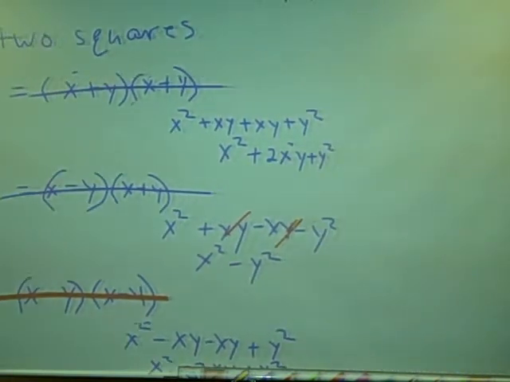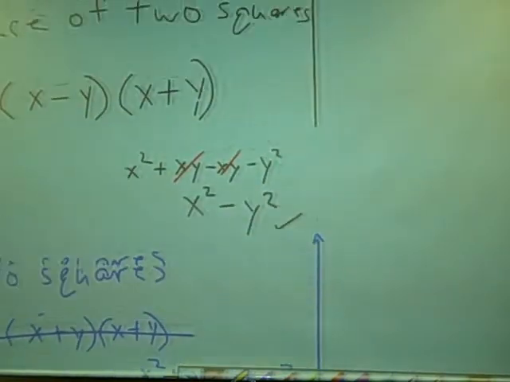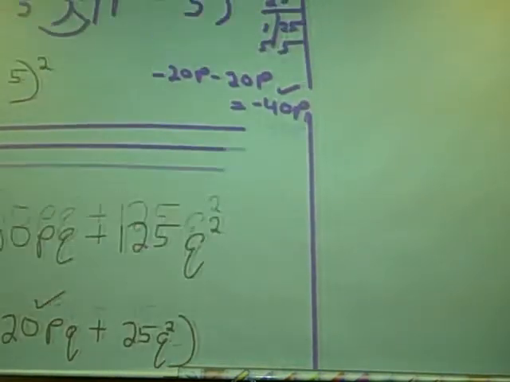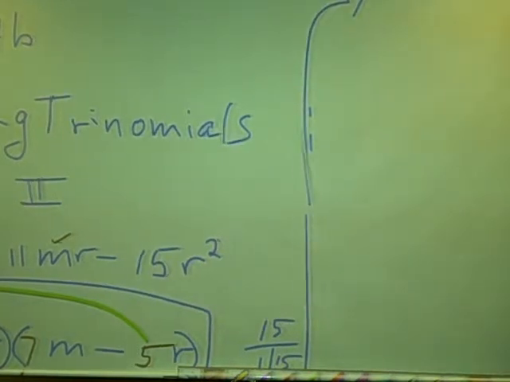Let's take a look at some problems with the difference of two squares. Let's say we have x squared minus 25. If we ask ourselves what squared gives us 25? 5, right?